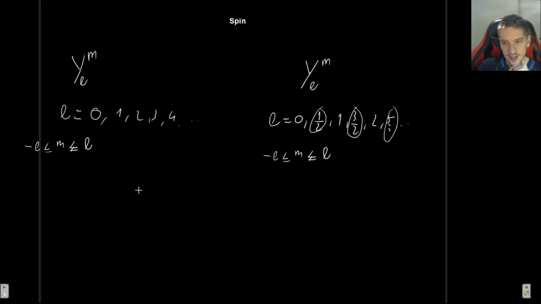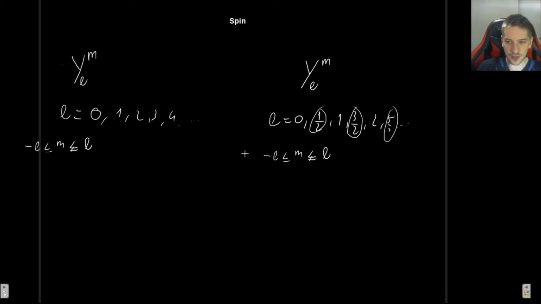So this leads us to think that there exists some other form of angular momentum that doesn't depend on the coordinates, because remember, what we saw here depends on theta and phi, the angles at which you are in the spherical coordinate system. But there are some solutions that apparently do not depend on it. So there has to be some angular momentum that doesn't depend on the spatial coordinates.